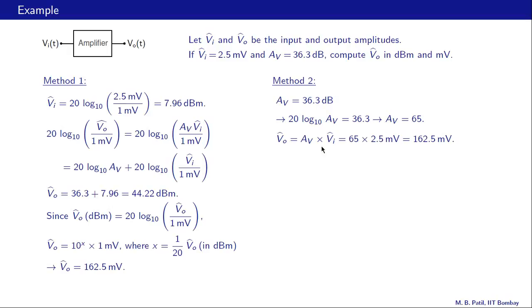And now we know Vi cap 2.5 millivolts, we know Av 65, therefore Vo cap is 162.5 millivolts. And once we have Vo cap in millivolts, we can find Vo cap in dBm using 20 log to the base 10 Vo cap divided by 1 millivolt, and that comes to 44.2 dBm.